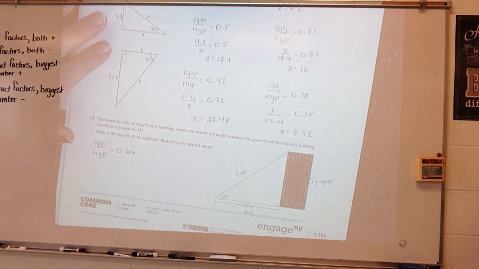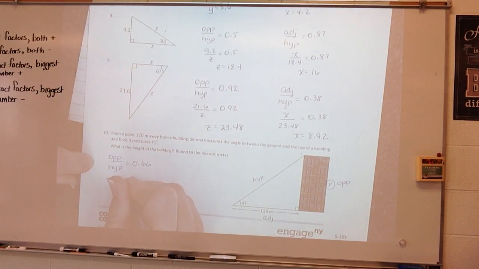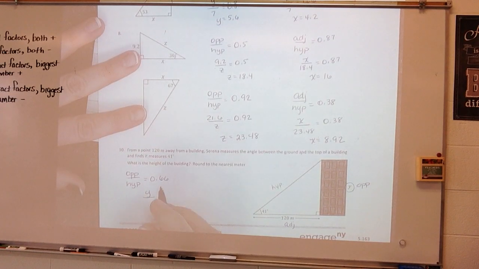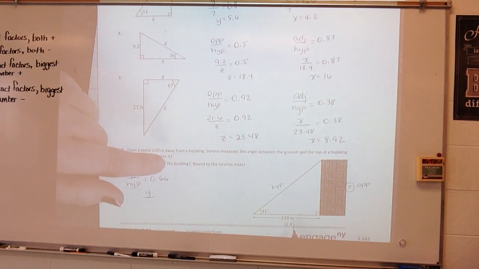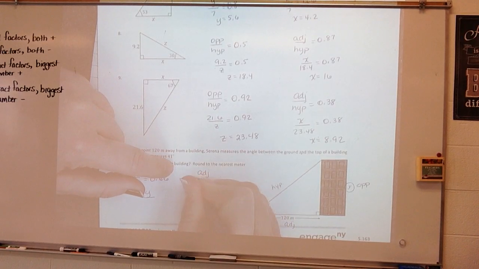So let's go ahead and look at this. Opposite is y over hypotenuse. I don't know what that is, so I'm going to have to figure this out. Since I know my adjacent, I've got to find my hypotenuse.